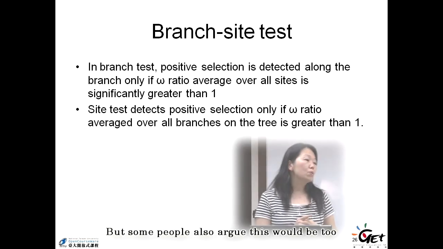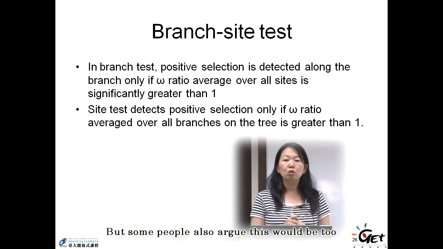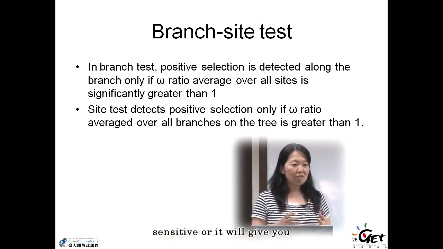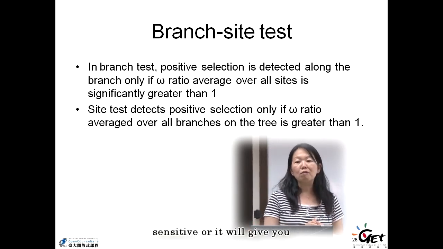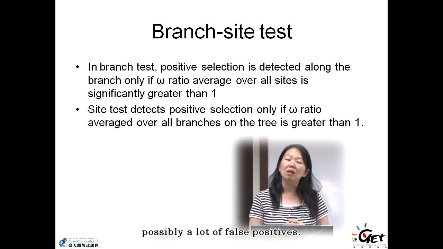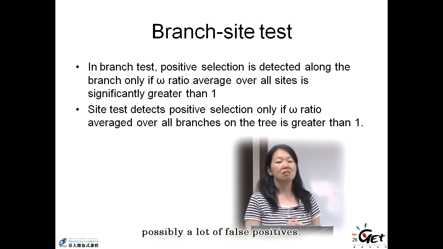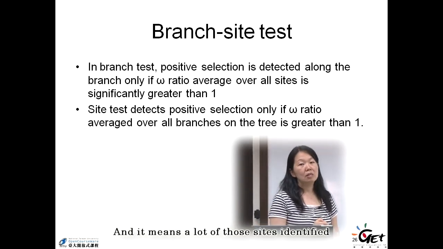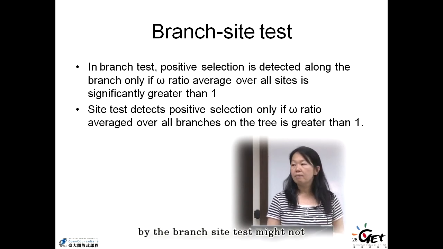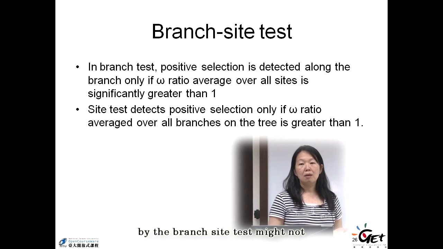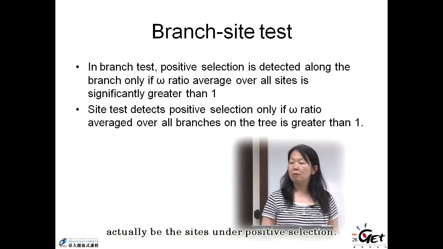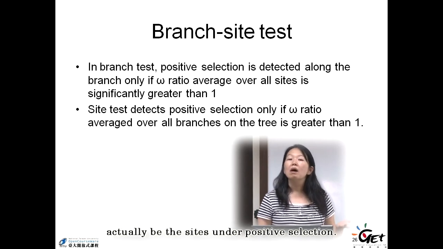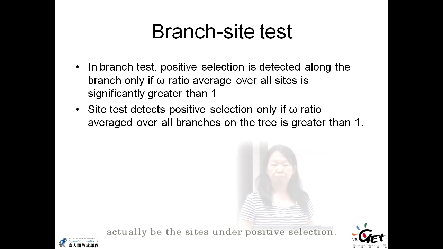But some people also argue this will be too sensitive, or it will possibly give you a lot of false positives, meaning a lot of those sites identified by the branch site test might not actually be the sites under positive selection.